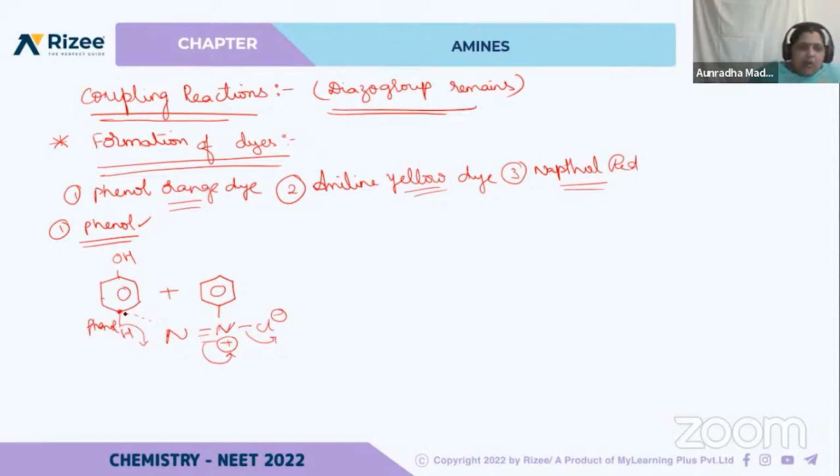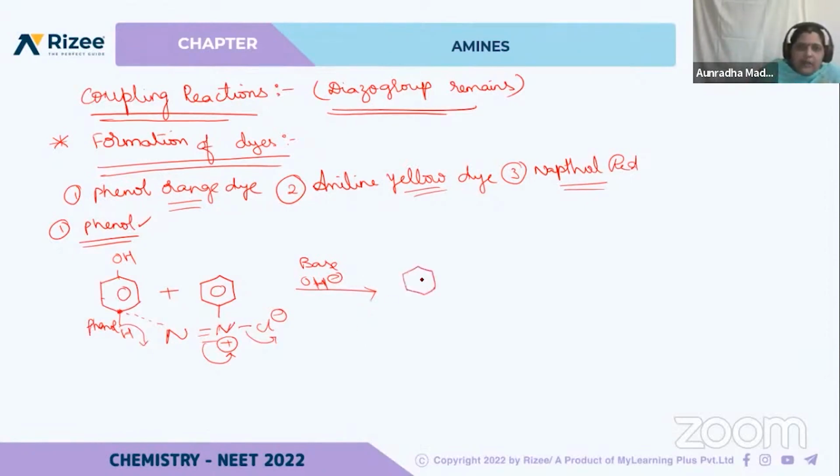This is nothing but coupling. This happens in the presence of base, so OH minus will be present, so that it comes out very easily. So we are using OH minus.